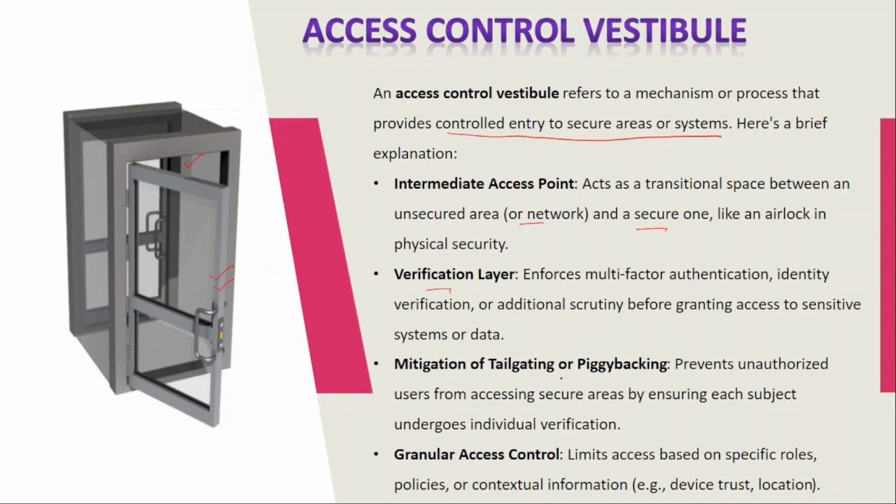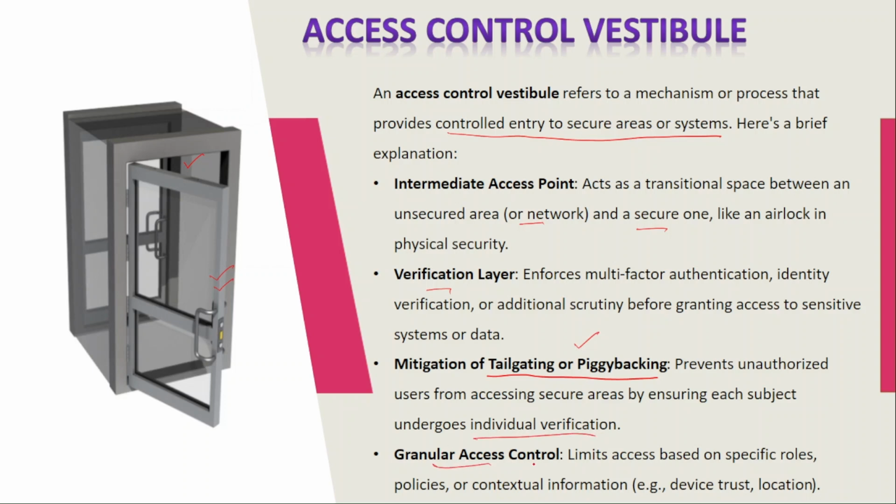Mitigation of tailgating and piggybacking. So the important point to remember here is that it prevents tailgating or piggybacking, which are physical intrusion attacks. So it prevents unauthorized users from accessing secure areas by ensuring each subject undergoes individual verification.